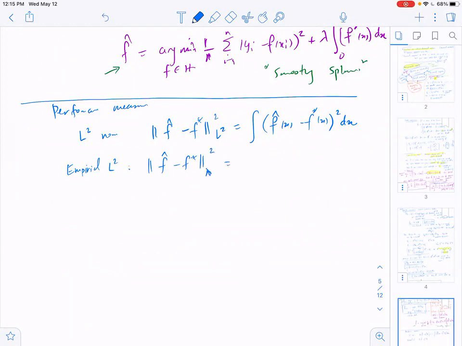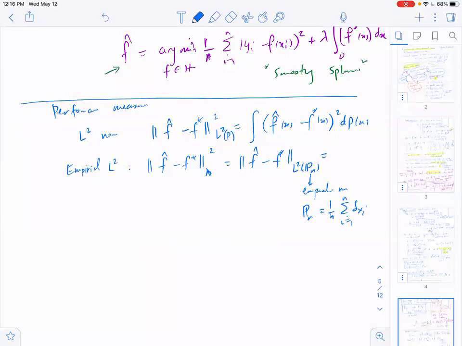It's better to write it as L2 of P, where you could have some distribution on x. This is going to be L2 of Pn. This is the empirical measure, which is just the measure that puts equal mass on all the data points.